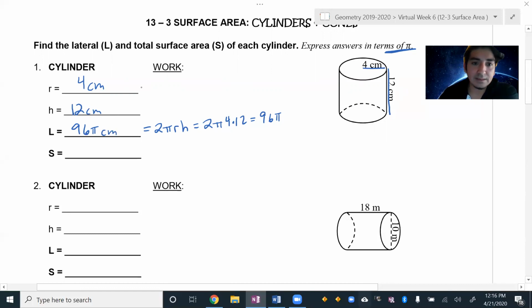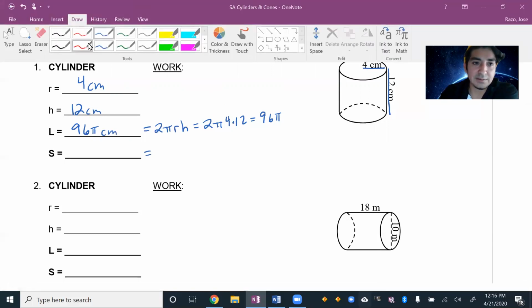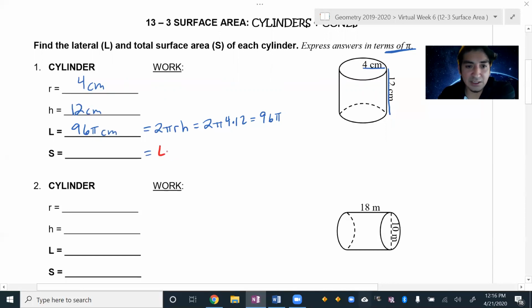Okay. Now, from here, the other part is that we're going to go ahead and add whatever we have. So I'm going to use a different color. So it's going to be L plus 2B. Now, here's the thing. You have to look for the B, which is a base.